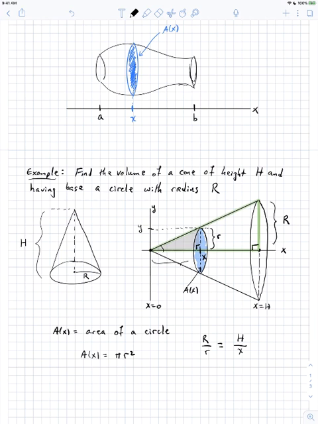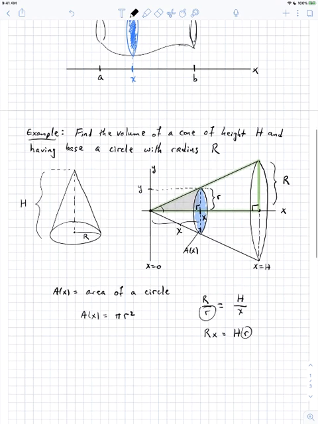That length right there is x. That's what x measures, how far away from the y-axis you've gone. So if we want to figure out what little r is, we cross multiply. Capital R times x equals h times little r. Solve for little r.